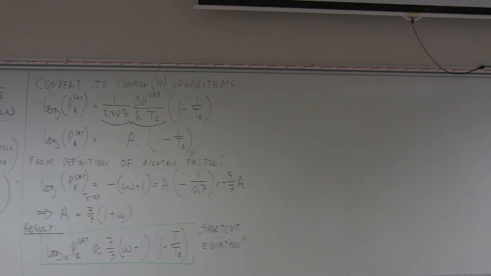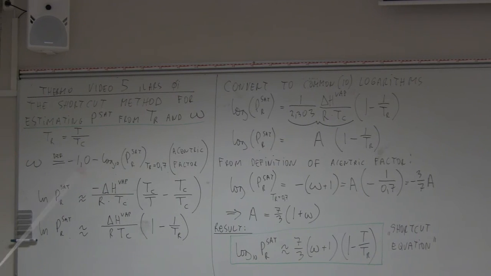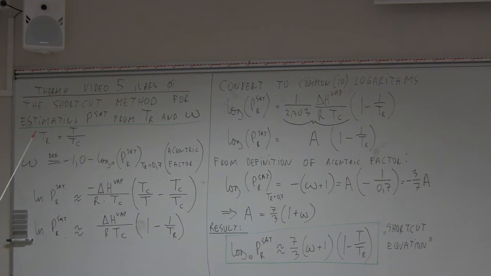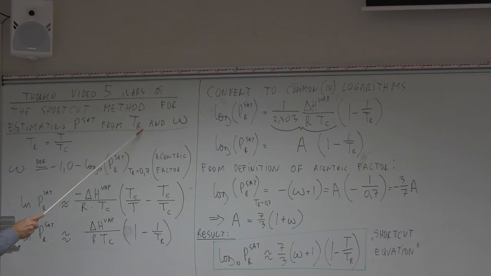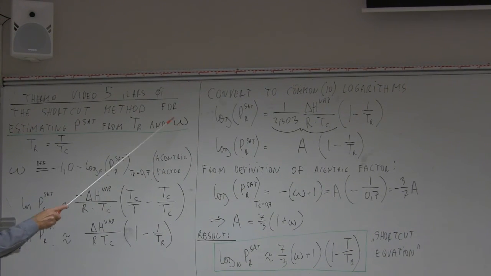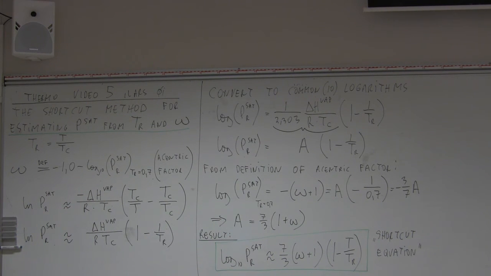So what I have done is to deduce this one. It is a method for estimating the saturation pressure from the reduced temperature and omega, and these values are available for almost any components.